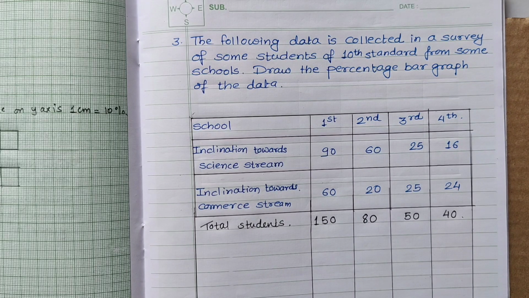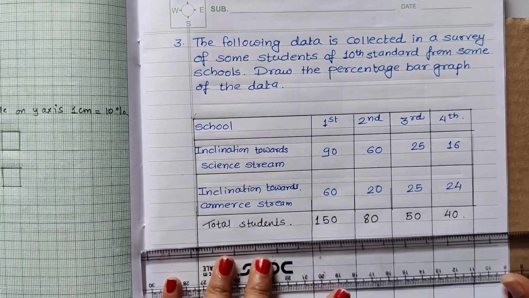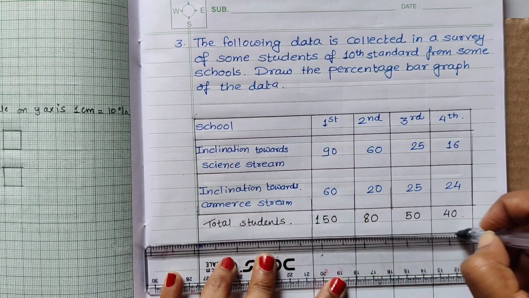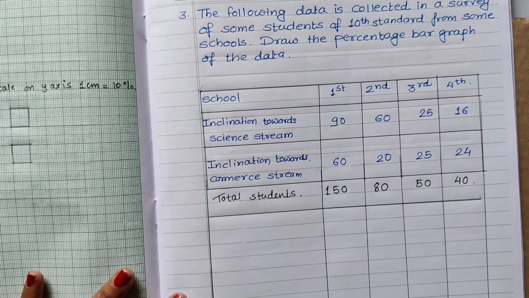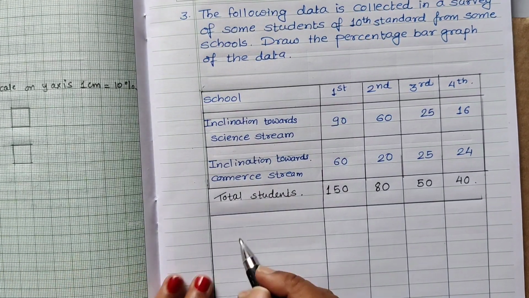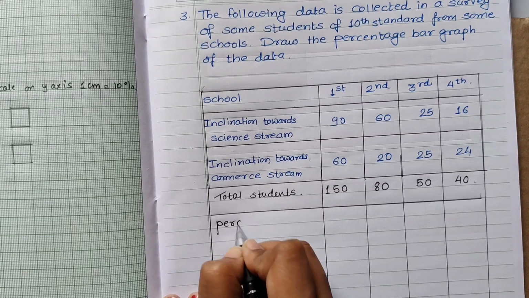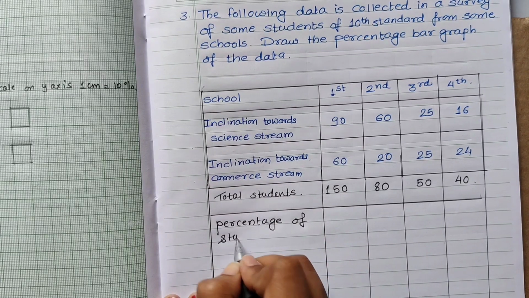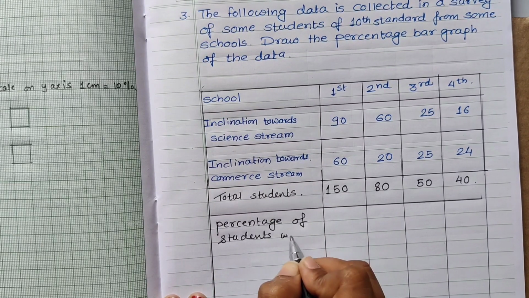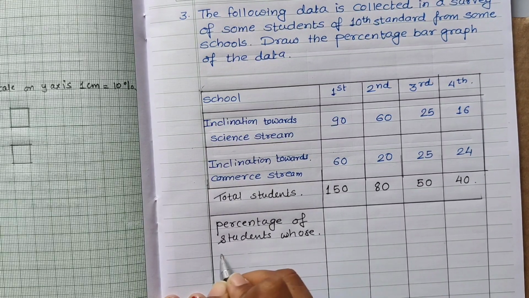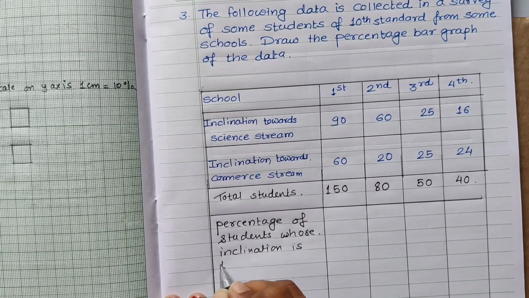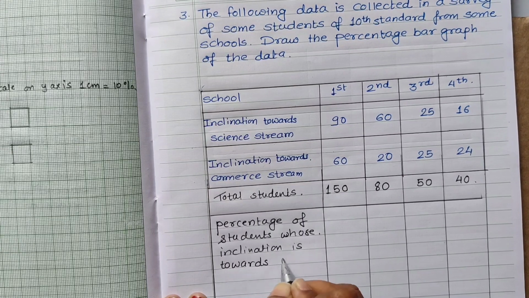So let me draw one more column here for showing the percentage. Okay, so here percentage of students whose inclination is towards science stream.